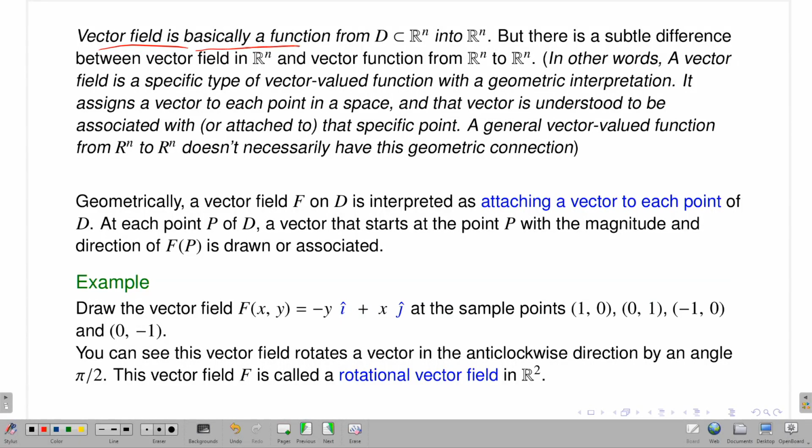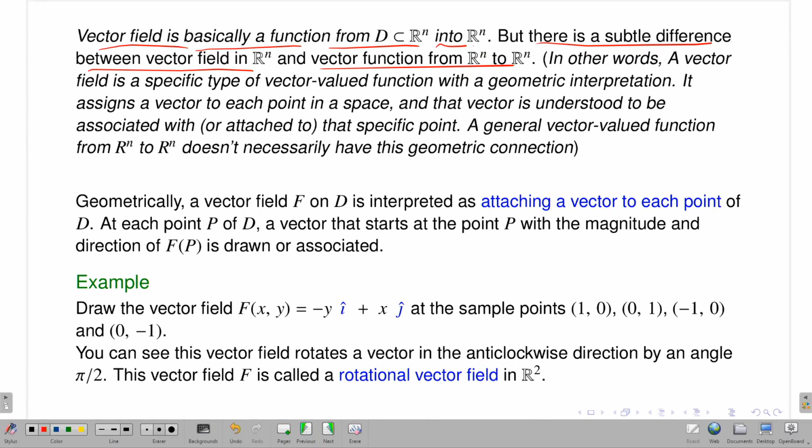A vector field is basically a function from D, a subset of Rn, into Rn, but there is a subtle difference between a vector field in Rn and a vector function from Rn to Rn. An Rn to Rn function means that if I have a point in Rn, then you will have a point in Rn. A vector field is nothing but a function, but it has some extra geometrical features.